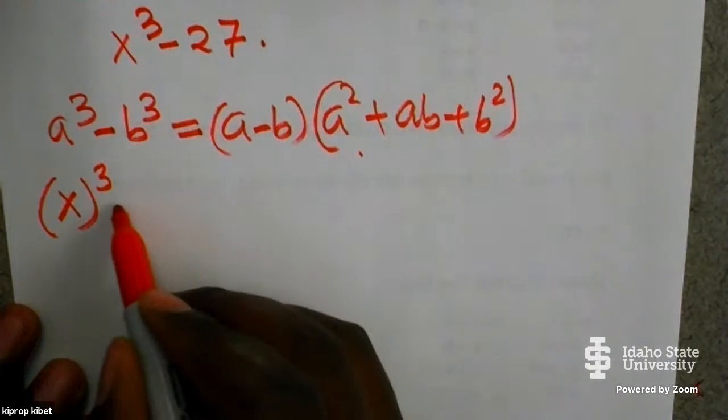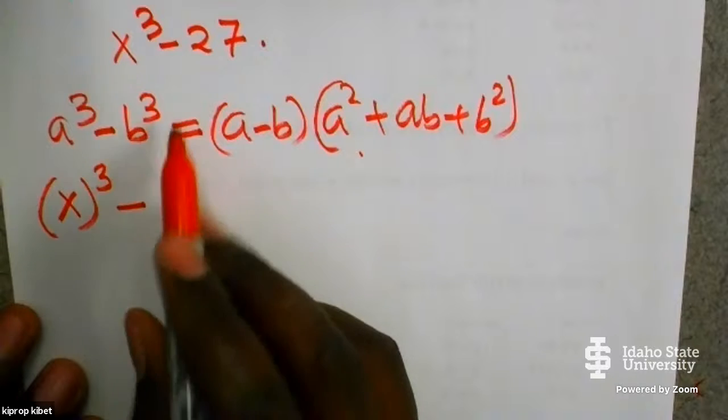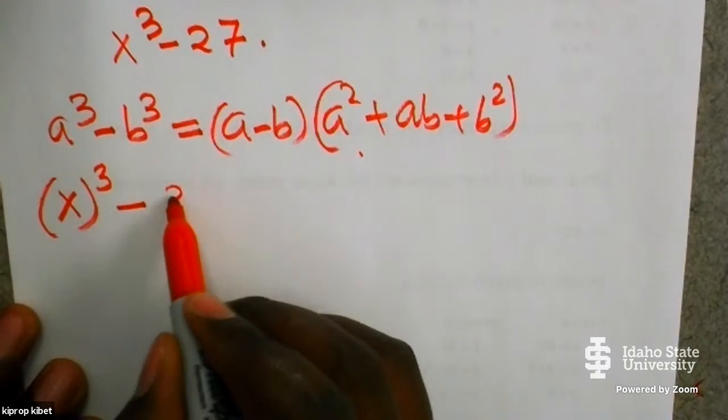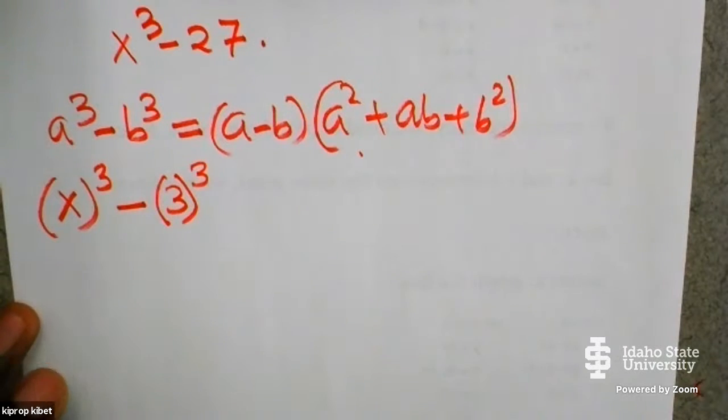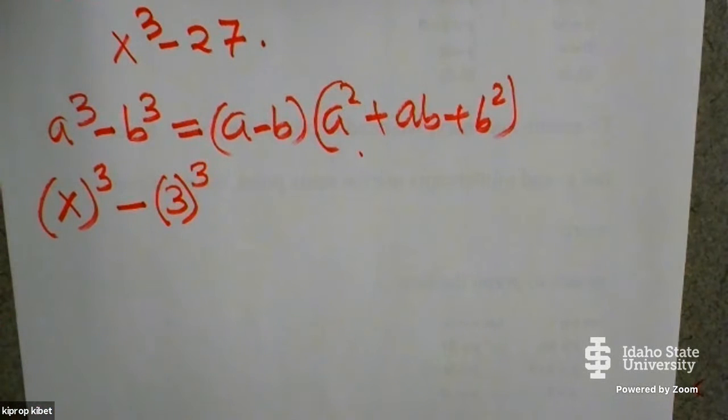And our B here is 3. So this is our A, and this one is our B. Now we substitute them here.